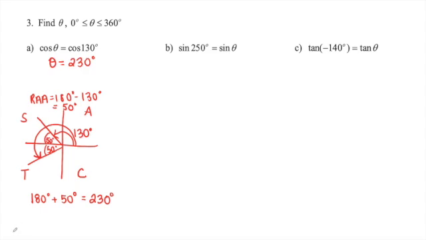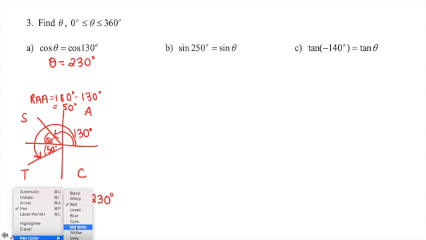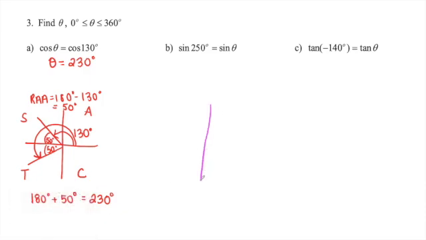For this next one, again, same steps. I'll change colors. You are going to draw your 250 degrees, so it's going to be somewhere around here. You are going to find your related acute angle, so do 250 minus the 180. And that's going to give you 70 degrees.